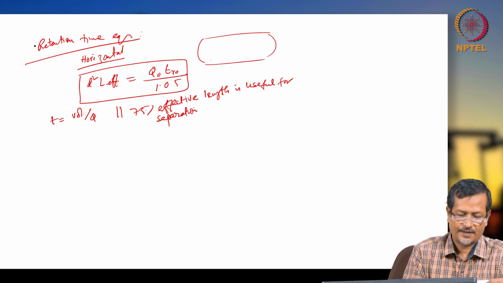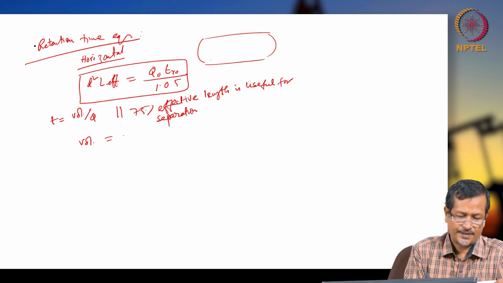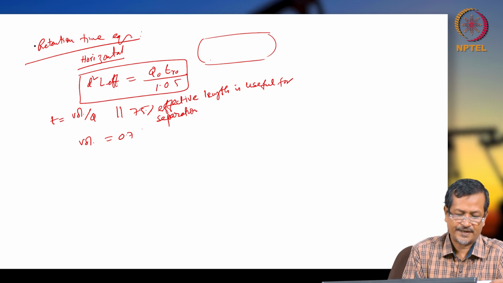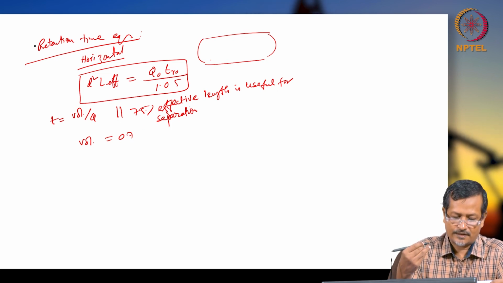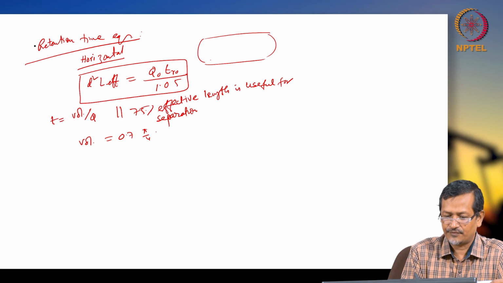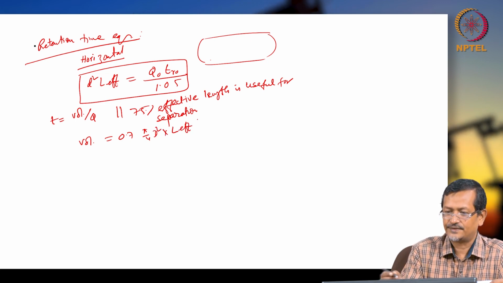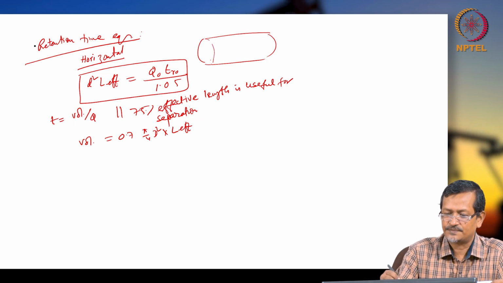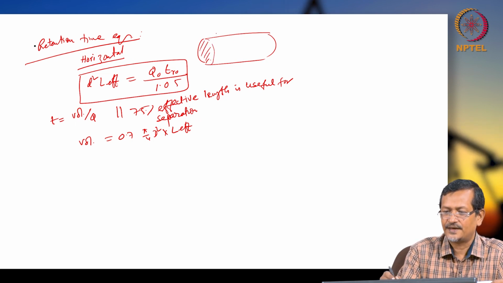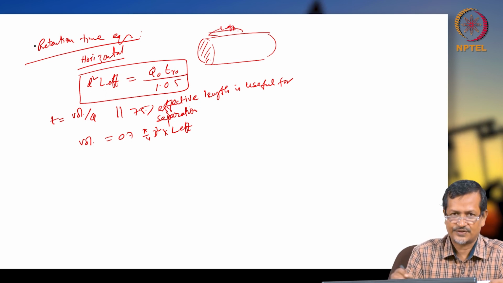Okay. So in that case, volume equals 0.75 multiplied, and what is the area? Pi by 4 d square into L effective length. So this area is pi by 4 d square, into this effective length. So we are calculating the total volume of fluid.